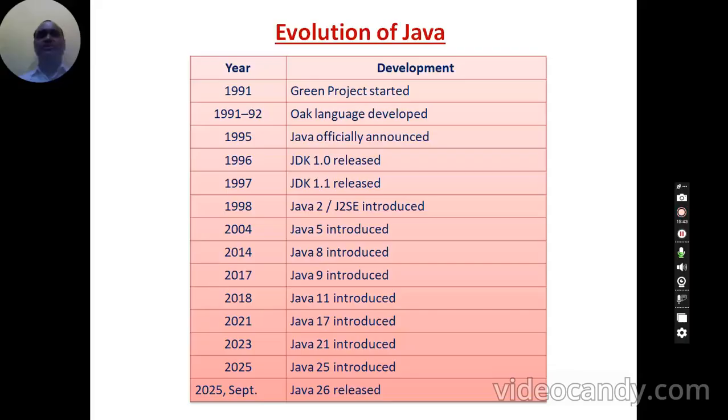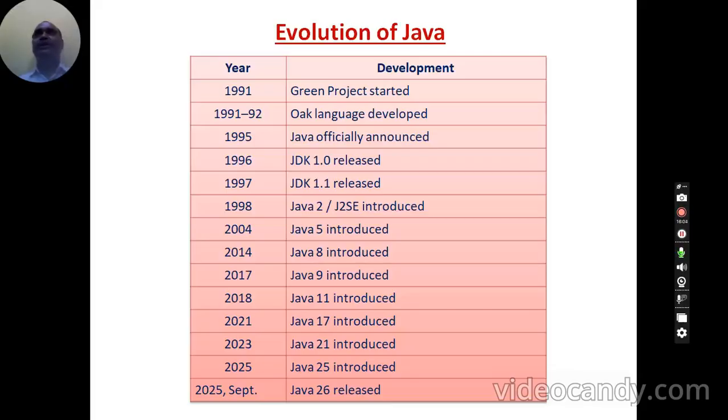Sun Microsystems held all these Java language tools as proprietary. Proprietary means anybody who wants to work with Java has to purchase Java compilers, Java development tools, and the JVM, Java Virtual Machine, from Sun Microsystems.